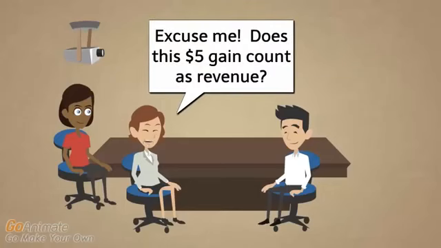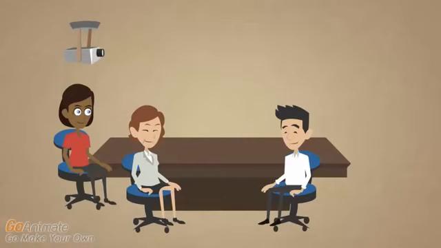Excuse me, does this $5 gain count as revenue? Excellent question. Although this gain will go on the income statement and increase net income just like revenue would, we're not going to consider it top-line revenue because it's not part of our core business activities. In other words, we're not in the business of buying and selling buildings. One implication of this example is because it's not a core business activity, it's going to be an investing activity.